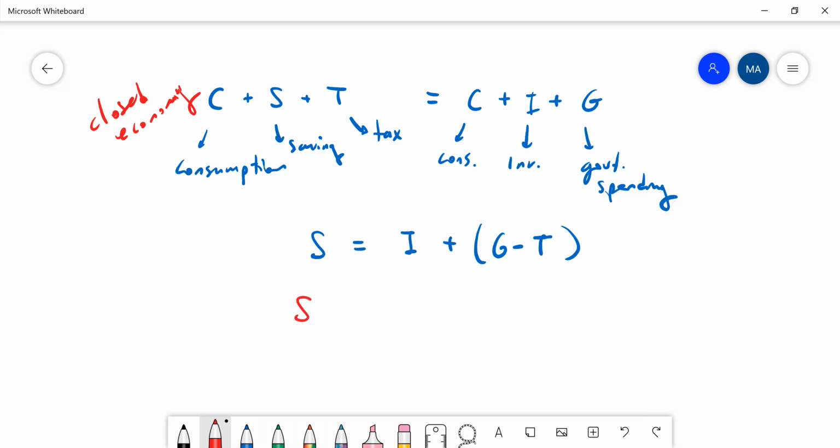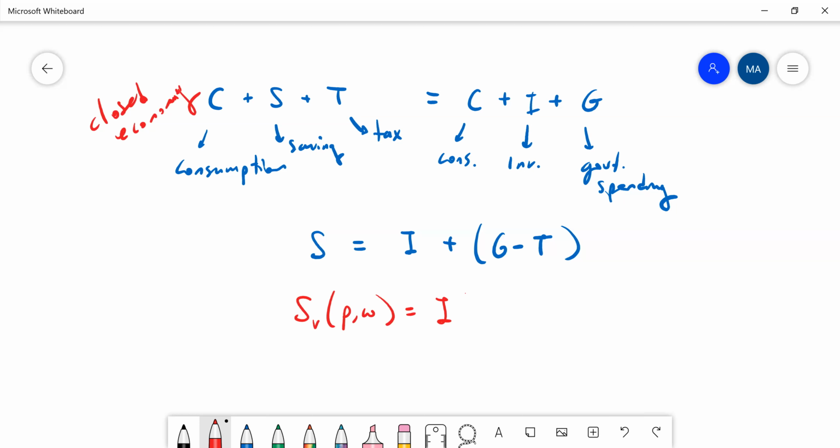So private saving, this is our notation now. Private saving will be, so how do I write it? So private saving will be investment.